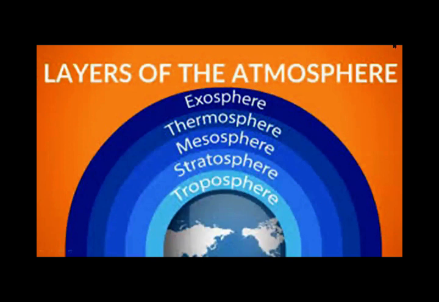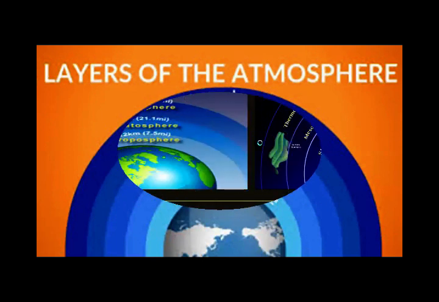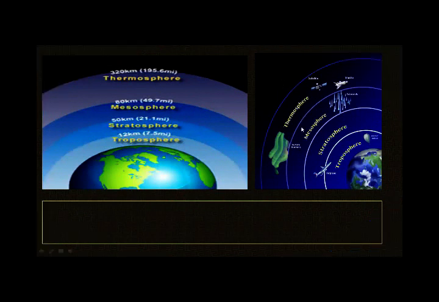The atmosphere is made up of five main layers. You can easily see in this slide. The first layer is the troposphere. The second is the stratosphere. The third is the mesosphere. The fourth is the thermosphere. And the last is the exosphere.